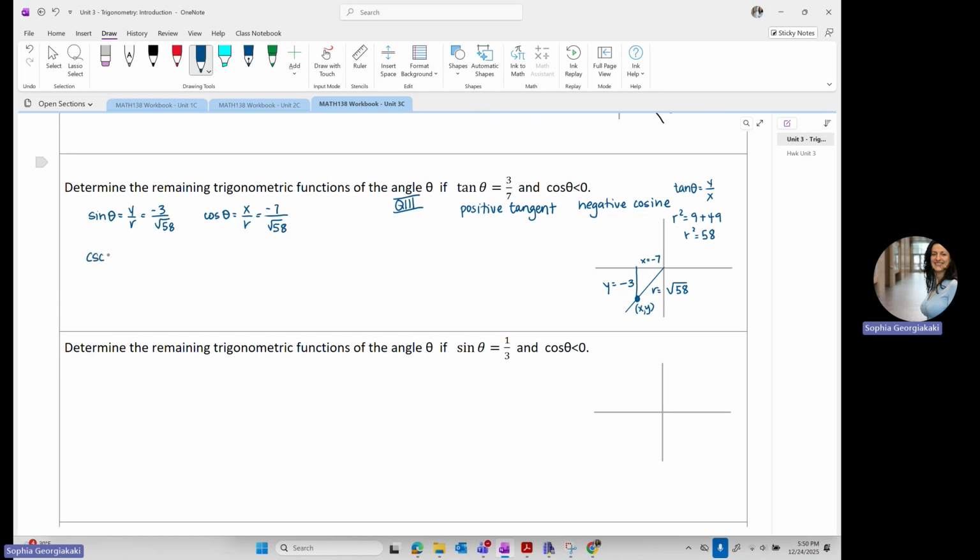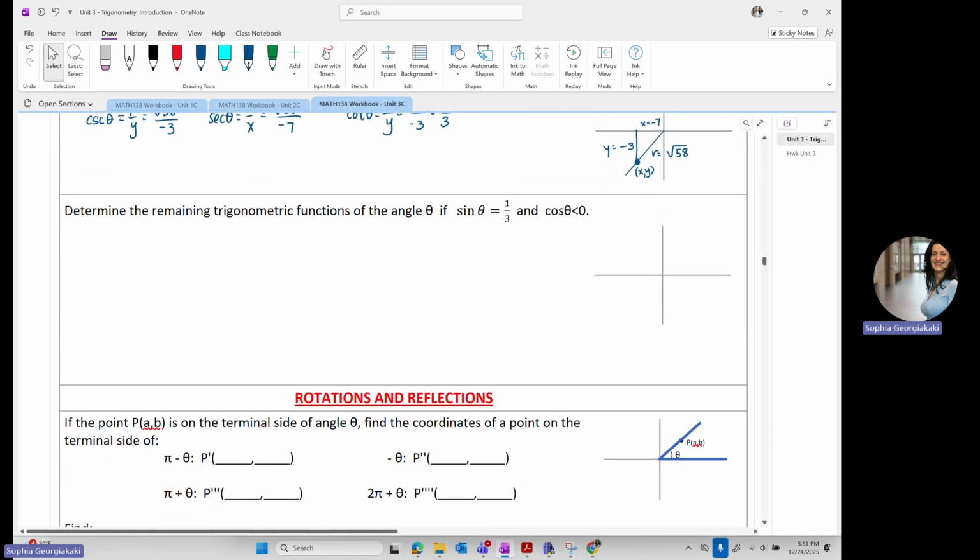The cosecant of theta will be r over y, square root of 58 over negative 3. The secant of theta will be r over x, square root of 58 over negative 7. The cotangent of theta will be x over y, which is negative 7 over negative 3, and that is 7/3.